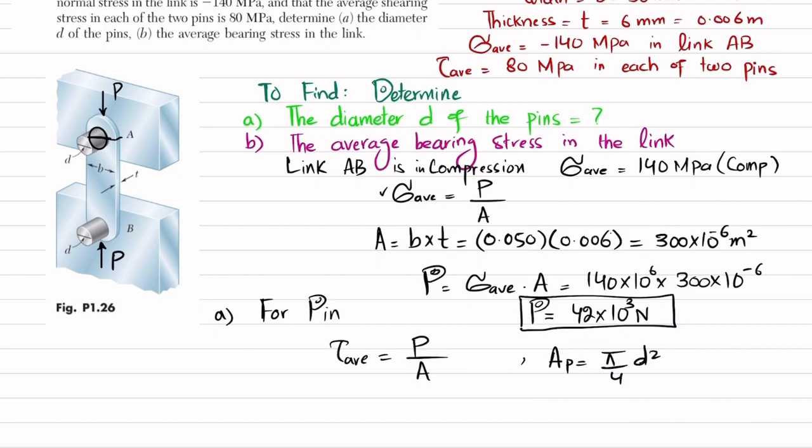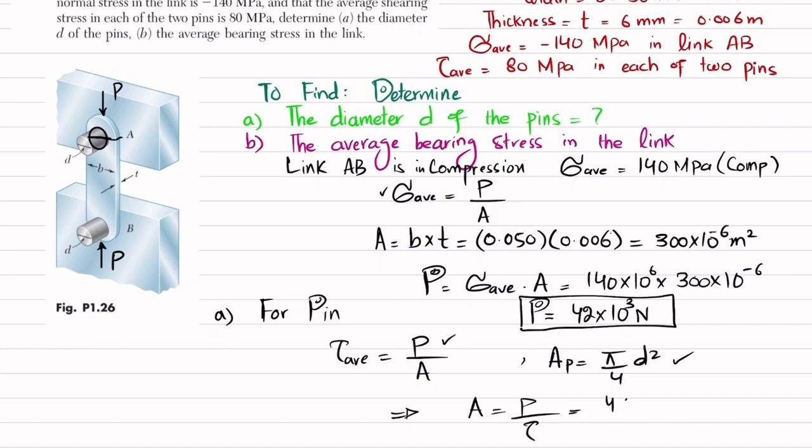Sorry, the diameter of the pin is not given. So the area of pin is equal to pi by 4 d square, and we know that average shearing stress is P by A. So from here you will get A is equal to P by shear stress.